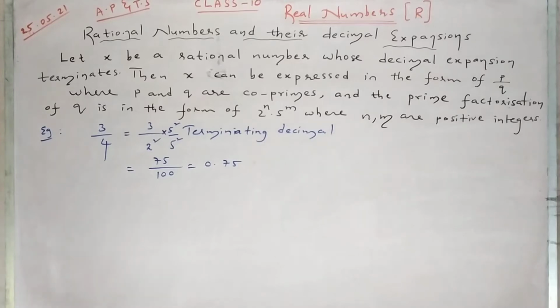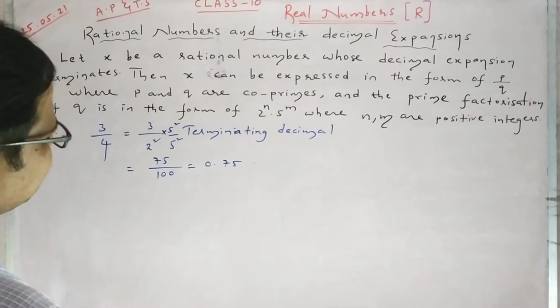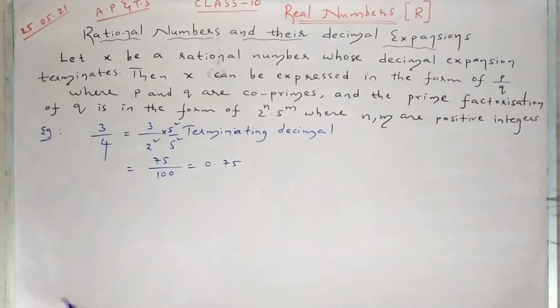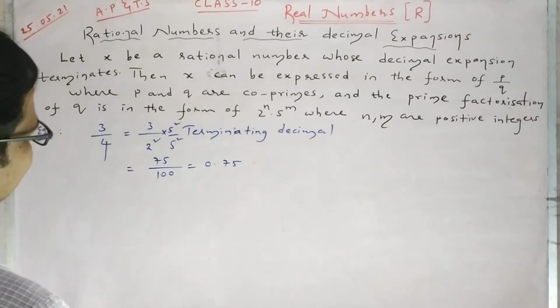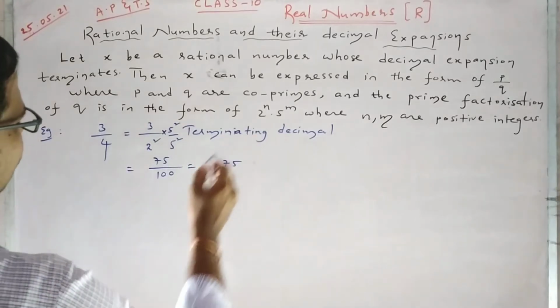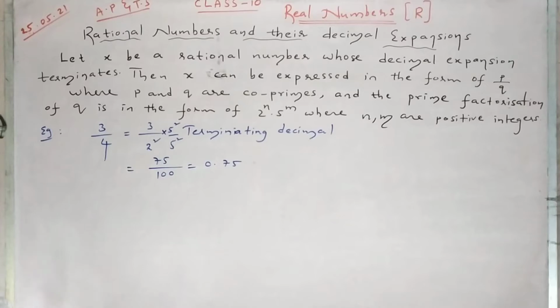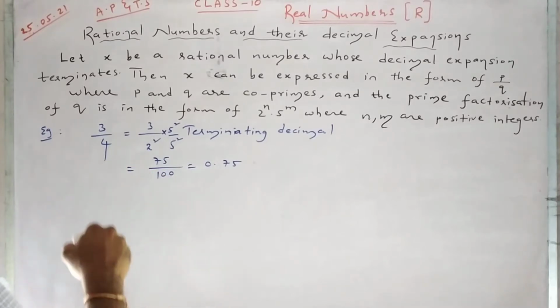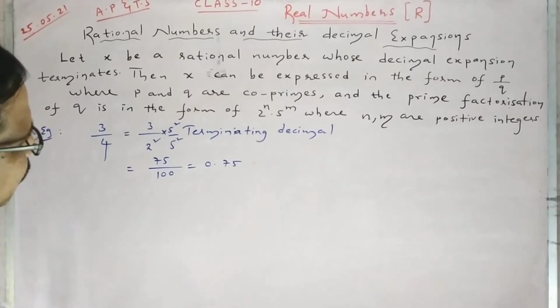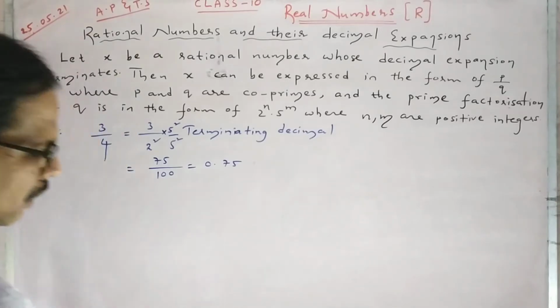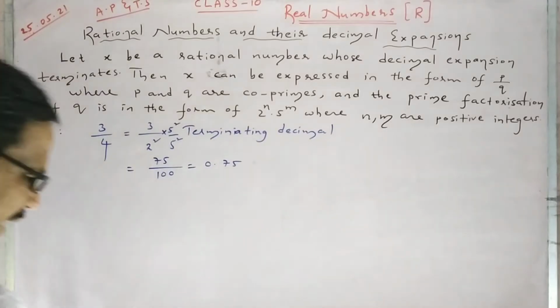So immediately by seeing a fraction, whether it is a terminating decimal or non-terminating recurring decimal, the denominator will decide. The prime factorization of the denominator is of the form powers of 2 and powers of 5, or only powers of 2, only powers of 5. Other than these two, if there is anything, that is non-terminating recurring decimal.